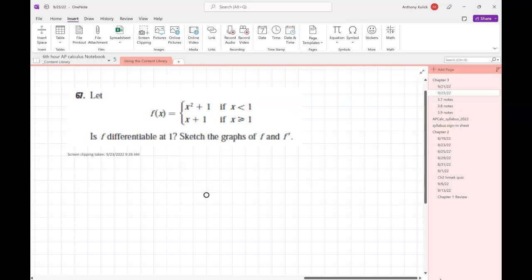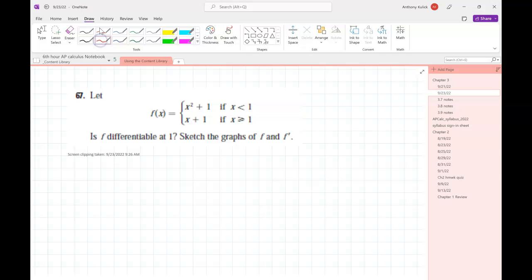Okay. So it asks, is f differentiable at 1? So what we need to do is check to see what the limits of the derivative are in each direction, right? And then it says sketch the graph of f and f prime.